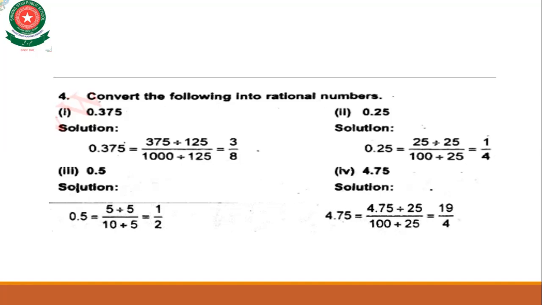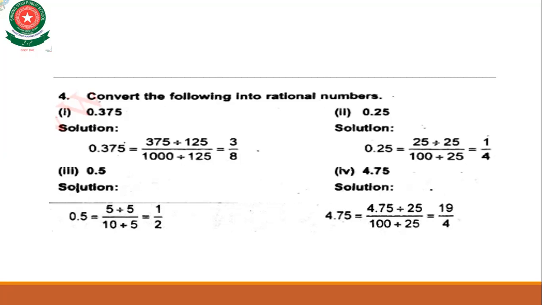Same as part number 4, 4.75. The solution is, again we have to put 1 below the decimal point, then put zeros as many as digits after the decimal point. So here the equation will be 475 over 100. Now we have to divide the equation to reduce it.